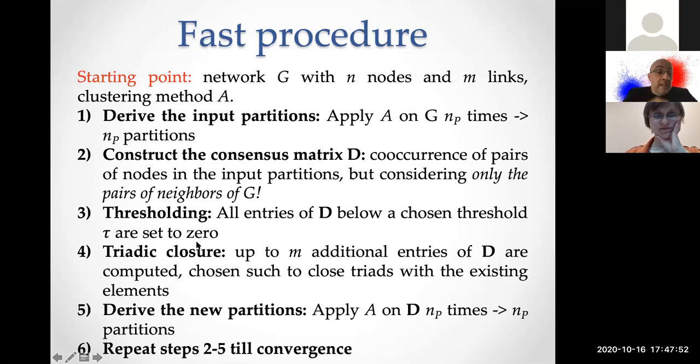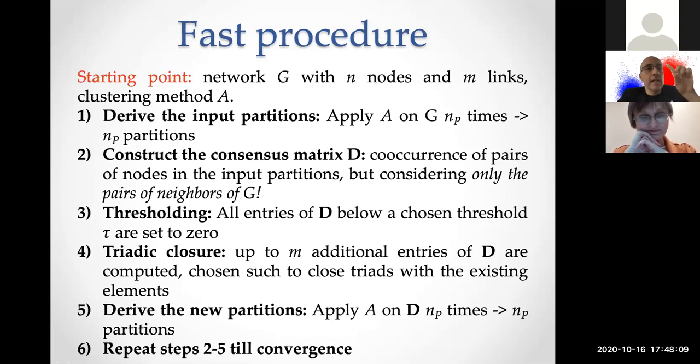Sorry about that. So now you have your consensus matrix, and you do the same thing as before. You apply your clustering method, the same one that you used at the beginning, again on this new matrix. You get another set of partitions, and you repeat the cycle. So the procedure is the same.